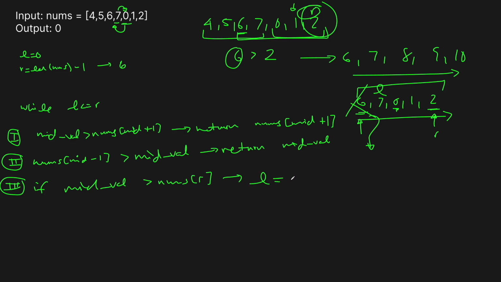So our left is going to become mid plus 1. And if this is not true, then our else statement kicks in, which is simply going to set high to be equal to mid minus 1, because that means that we would need to search the other side for that minimum value. So those are your 3 cases here.